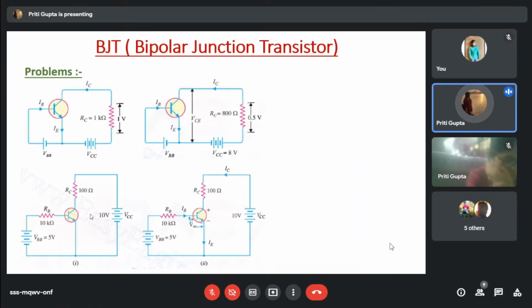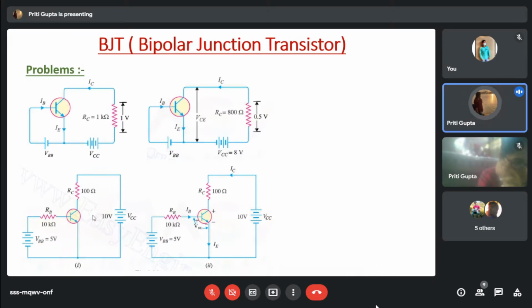At first, we'll write down the question. Determine VCB in the transistor shown in the figure where beta equals 150. This is a common emitter configuration.